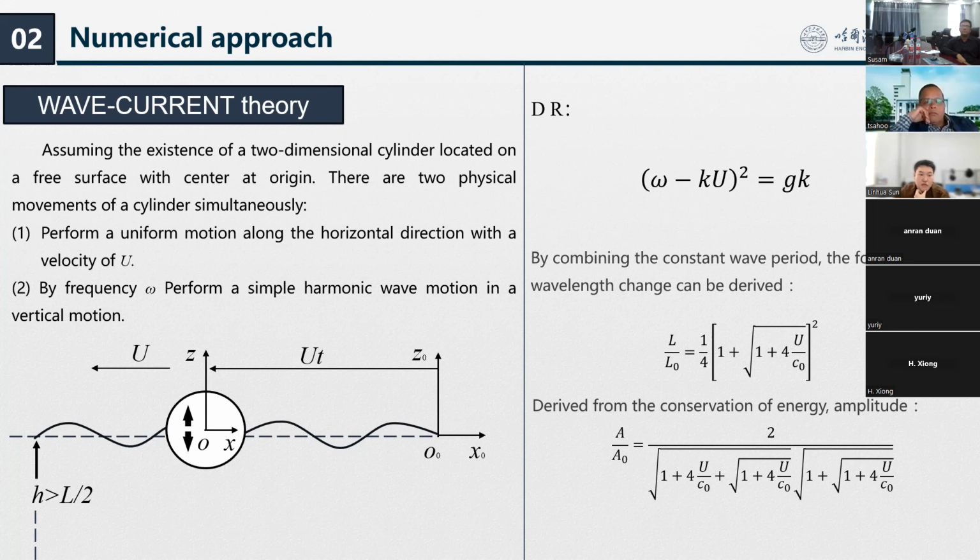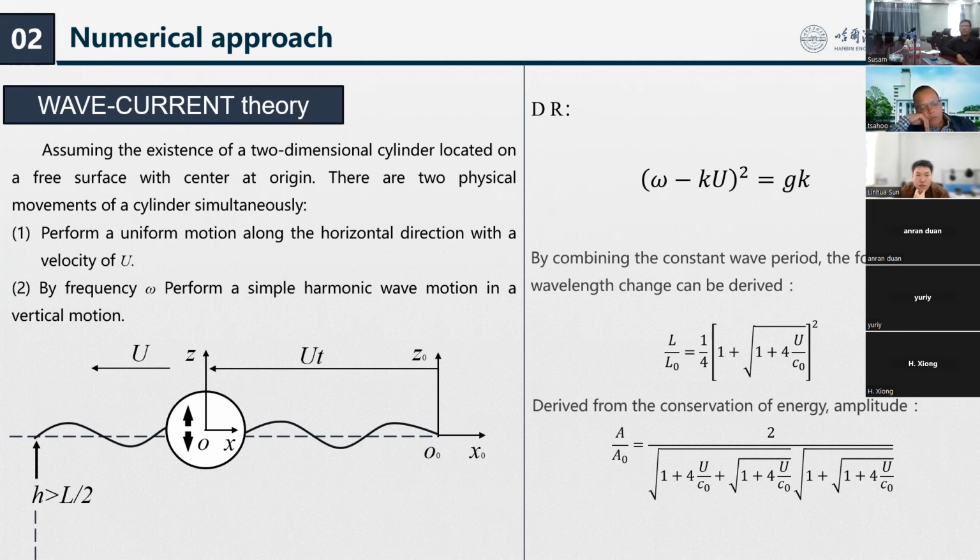One is to perform a uniform motion along the horizontal direction with the current velocity U, and the other is, with a frequency omega, to perform a simple harmonic motion in the vertical direction, and the depth is infinite.